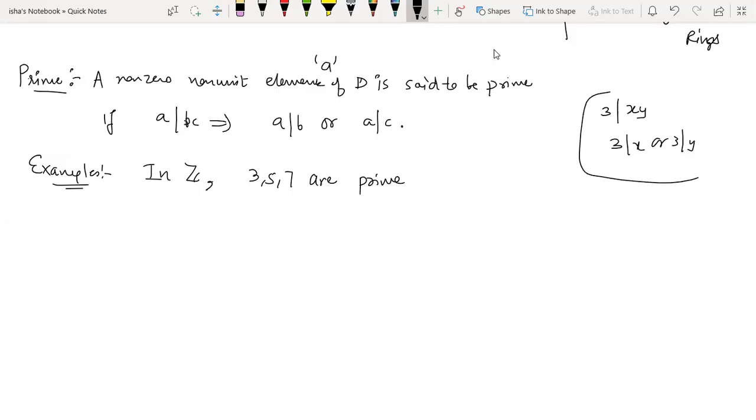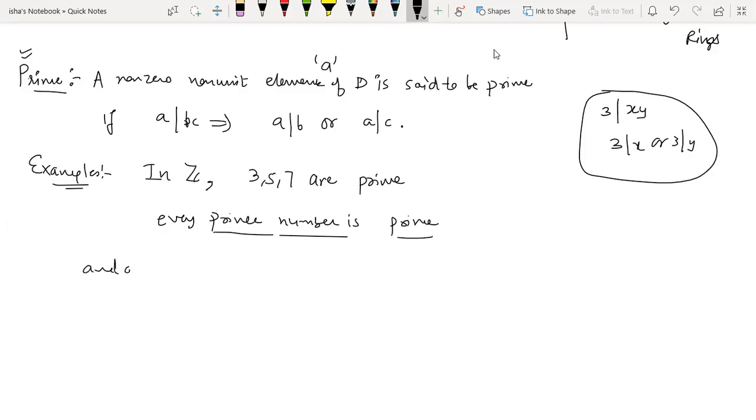So in Z, every prime number is prime. It seems a very vague statement that every prime number is prime, but we know the definition of a prime number, and 'is prime' means this property, so every prime number is going to satisfy it, whichever prime you take.